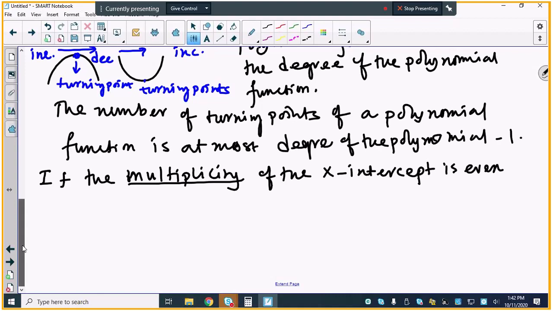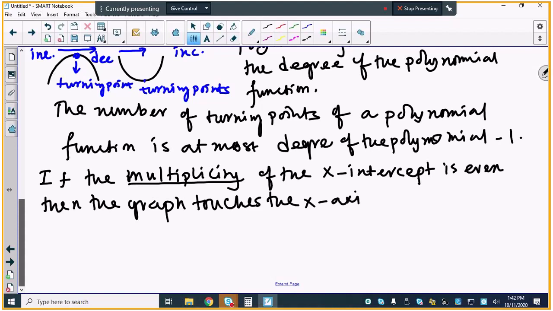So if the multiplicity of the x-intercept is even, then the graph will not cross the x-axis. Then the graph touches the x-axis and bounces back. At that intercept, it will touch and bounce back. Whereas if the multiplicity is odd, that means a particular solution giving you that x-intercept is there an odd number of times.